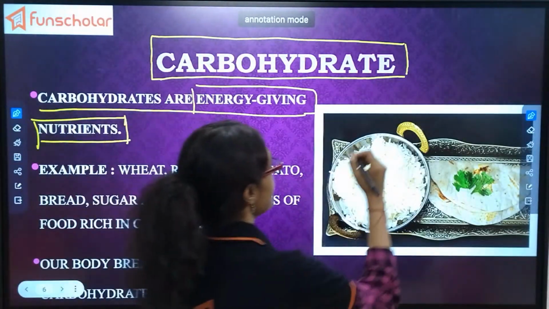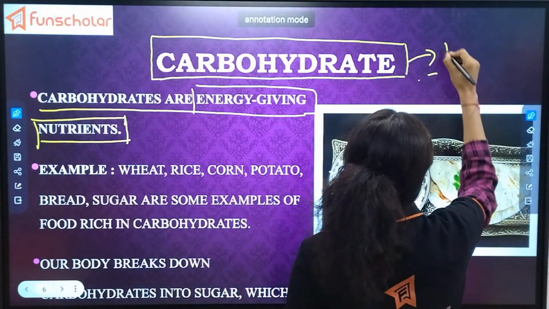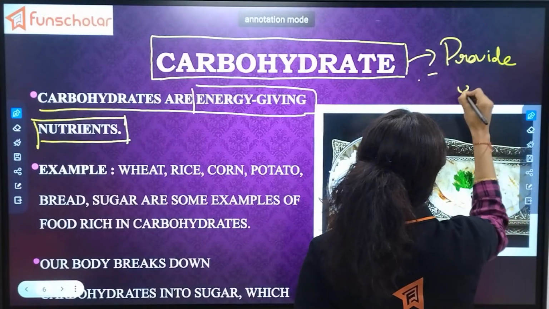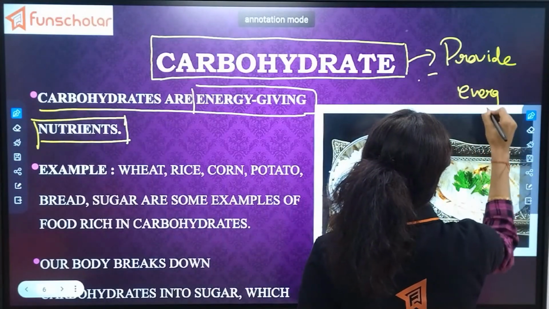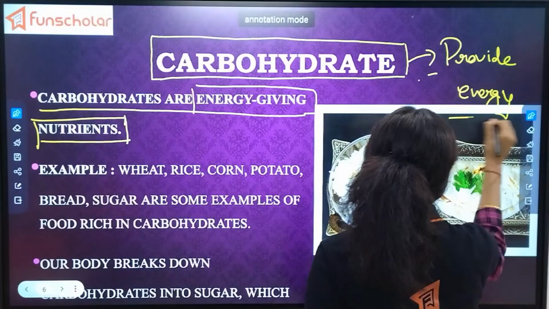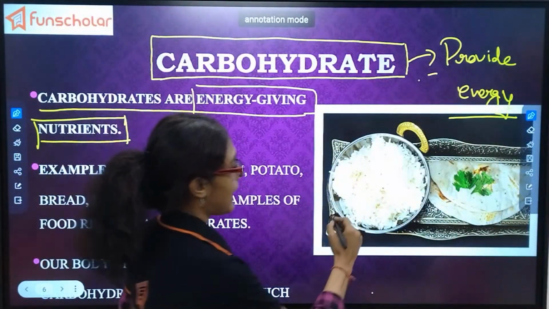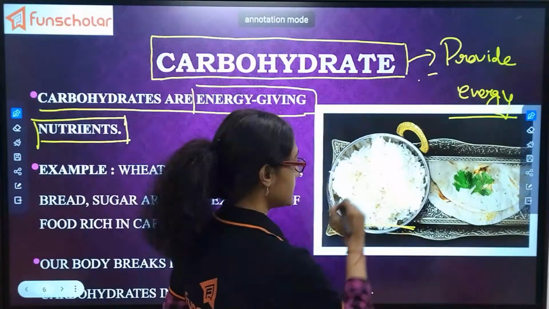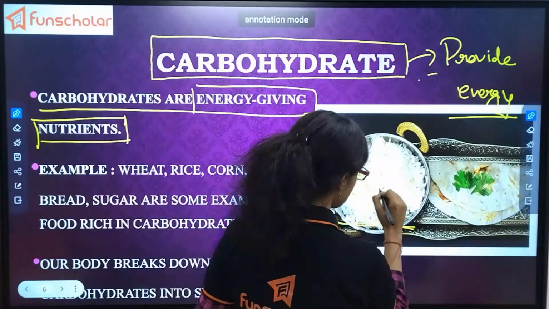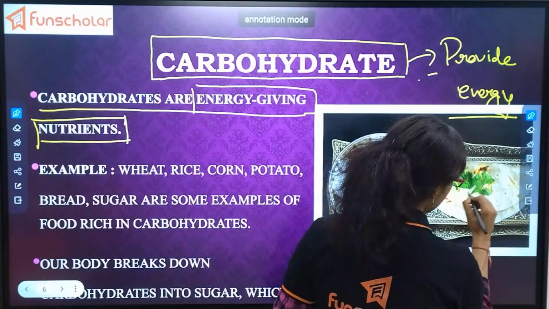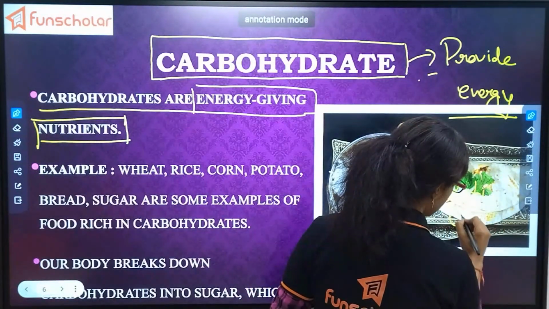Okay? Its main function is to provide energy. And this kind of nutrients are found in rice. You eat rice every day. Then what is this? Roti. Roti comes from what? Wheat.